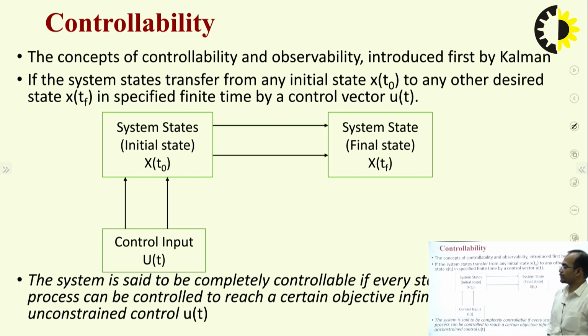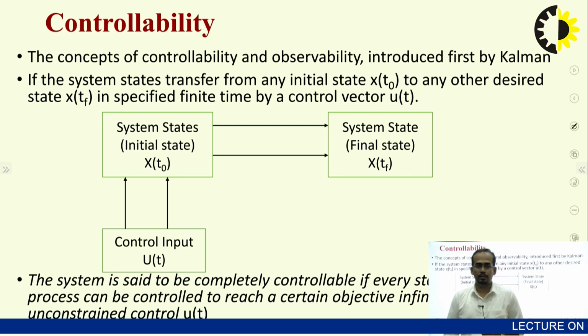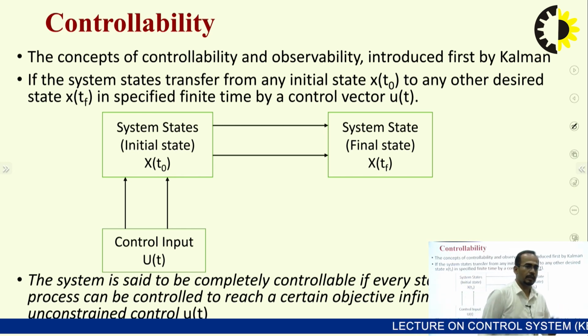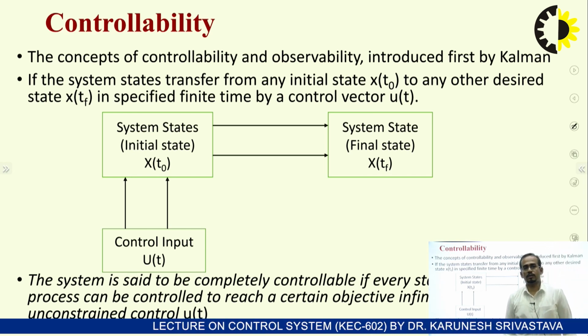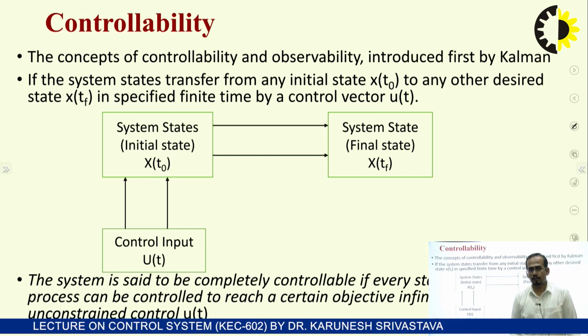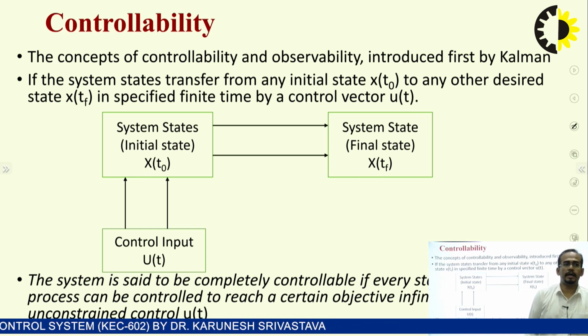Now coming to the next topic, controllability and observability of the system. How will you check the controllability and observability of the system? The concept of controllability and observability was introduced by Kalman.